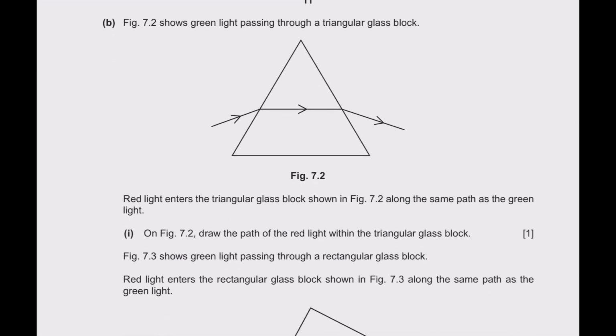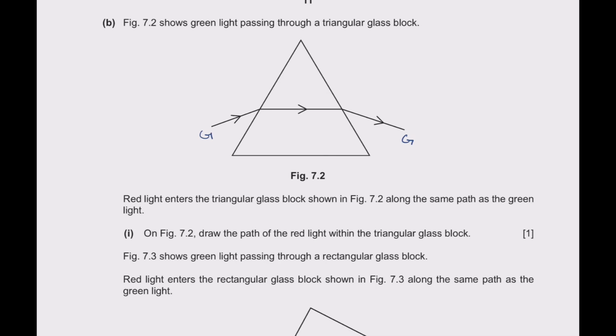Now this is green light passing through a triangular glass block. Red light enters the triangular block in this figure along the same path as the green light. Draw the path of the red light within the triangular glass block.